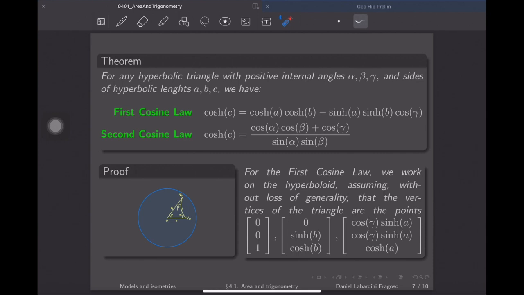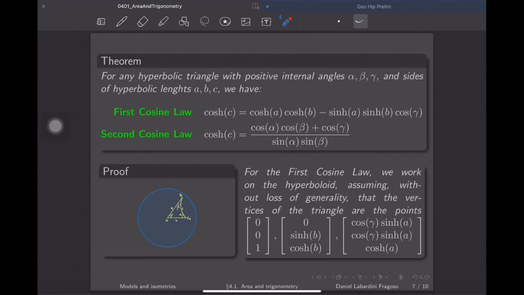Maybe it's not so easy to see what they really mean. In the hyperbolic plane, the cosine laws have a very powerful consequence, which is very visible, and somehow it's easy to justify why they are important.